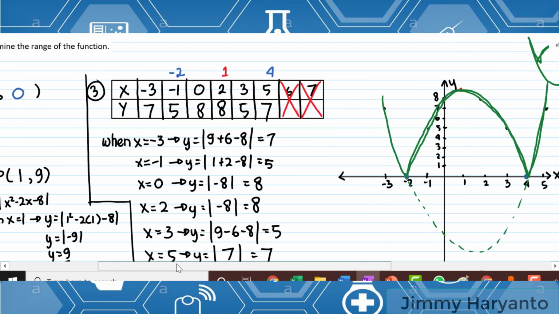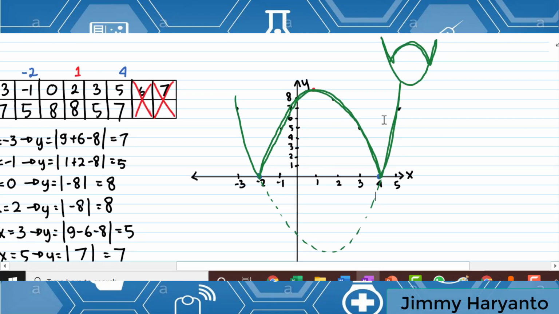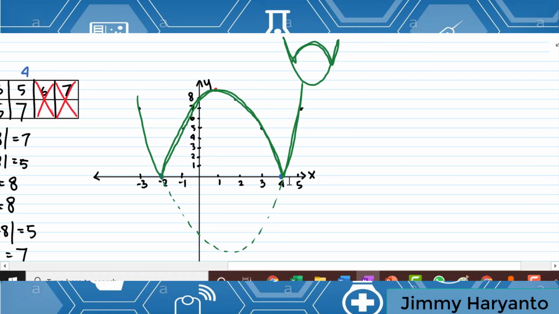Next, ada question nggak? The range of the function. Okay, the range of the function will be the set values of y. Set value of y-nya the smallest will be 0 ya. Take a look at the graph not passing below 0, right?